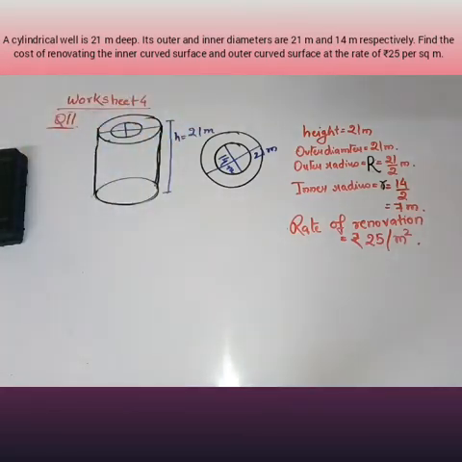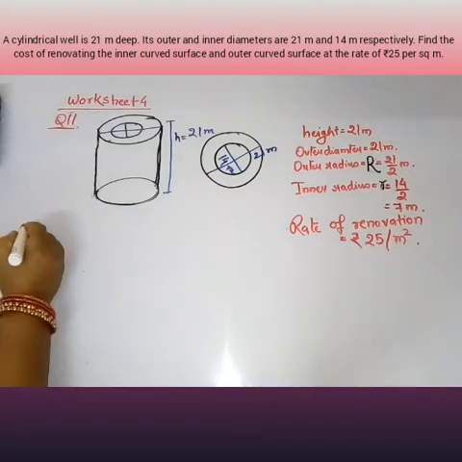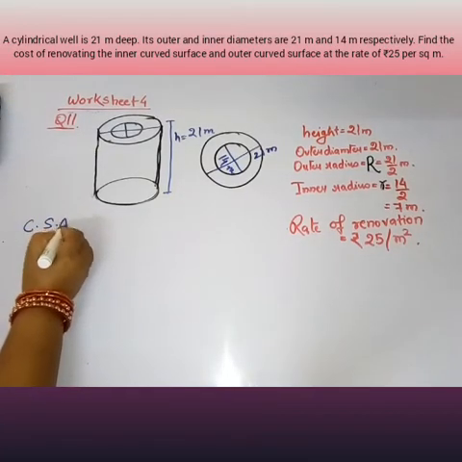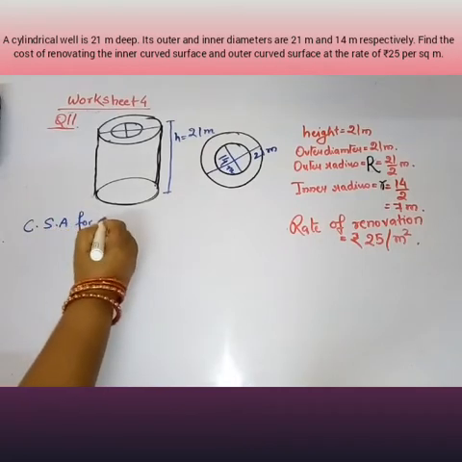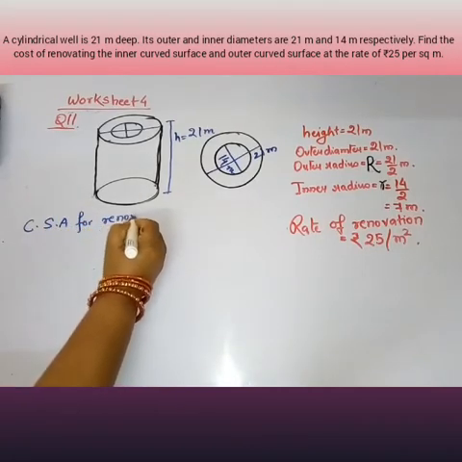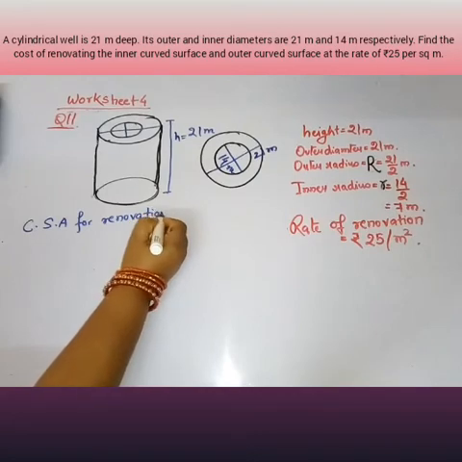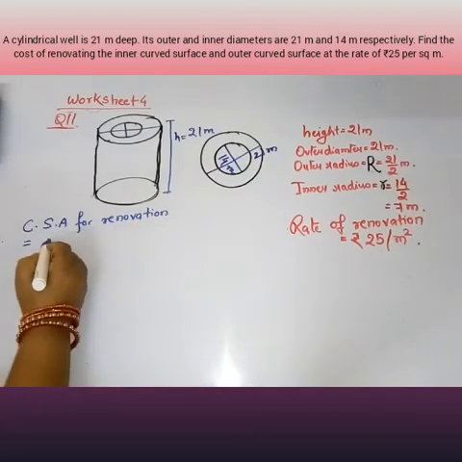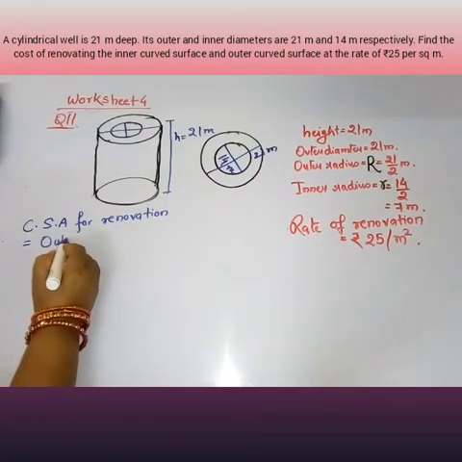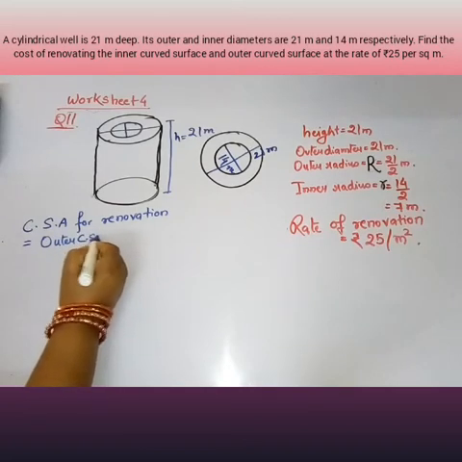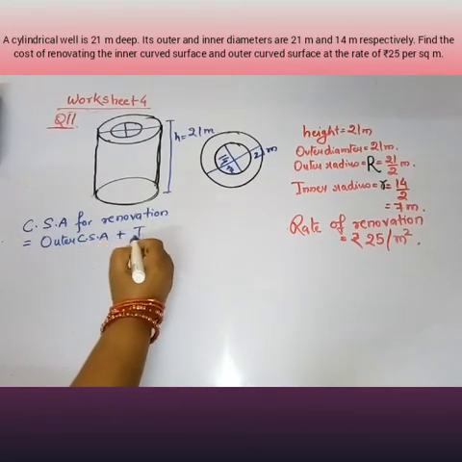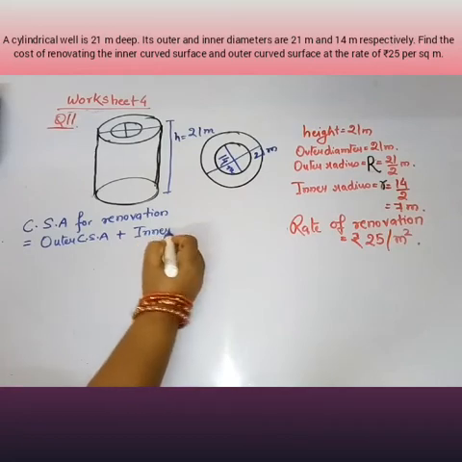So the curved surface area for renovation will be equal to the outer curved surface area plus the inner curved surface area.